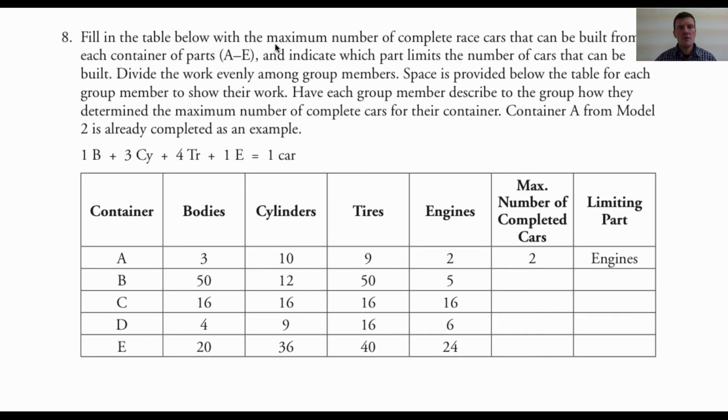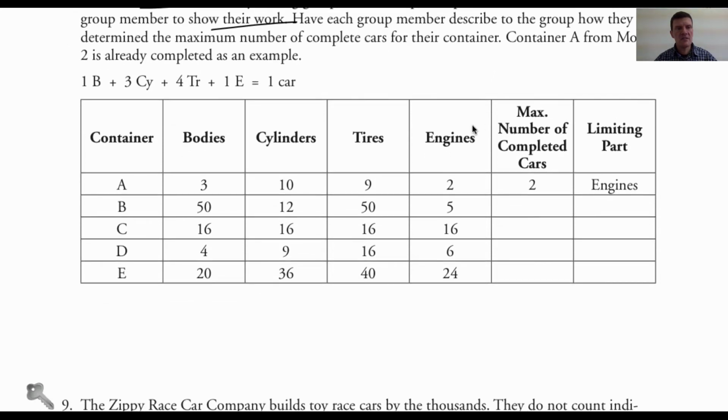Fill in the table below with the maximum number of complete race cars that can be built from each container, and indicate which part limits the number of cars that can be built. Divide the work evenly. Space is provided below the table for each group member to show your work if you need to. And let's look at what we have here.